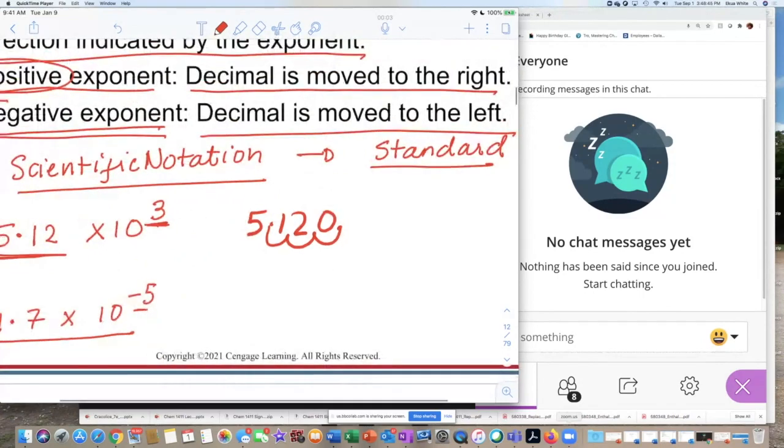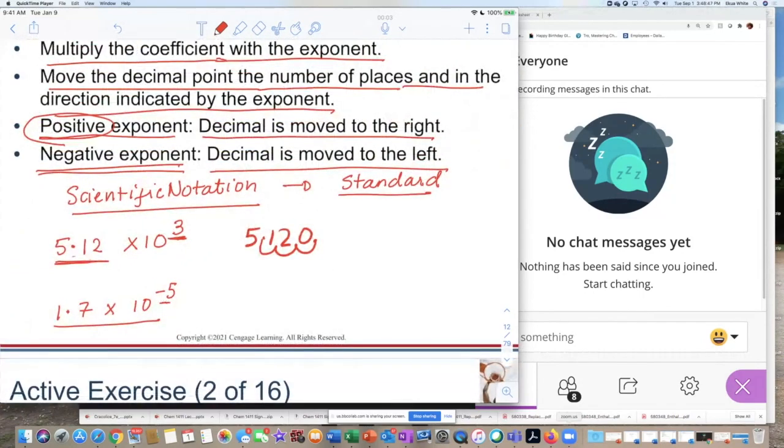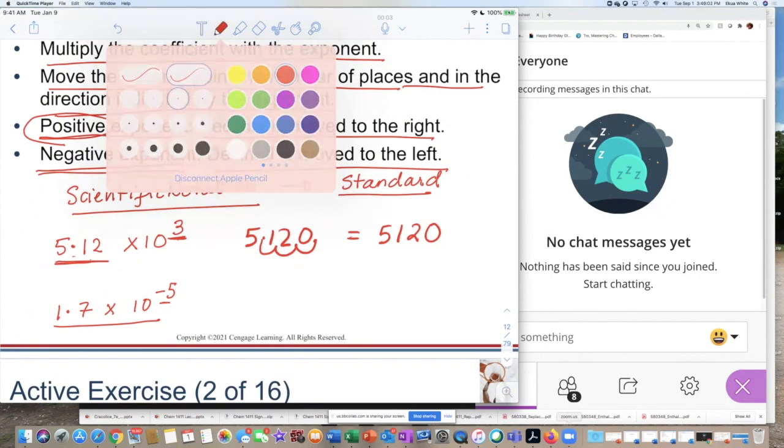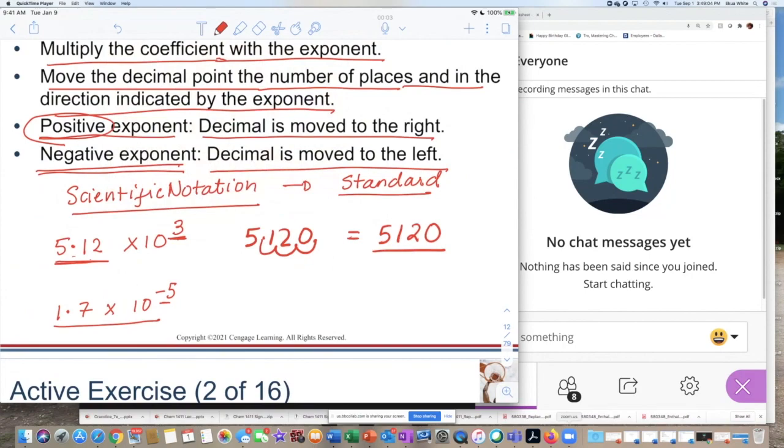So the standard number produced from the scientific notation here is 5120. You can leave this decimal off. The decimal ends up right here, so you can leave it off. And this will be your standard number right there.